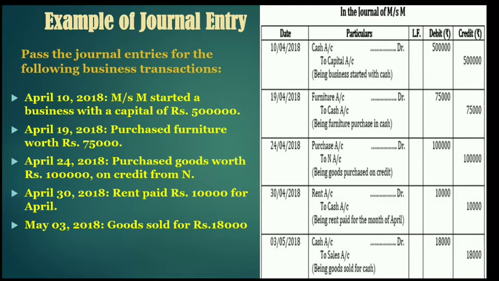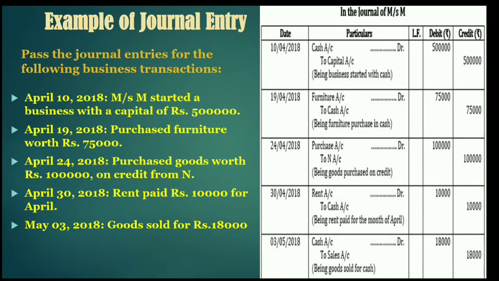Next, you are paying the rent. How much? 10,000. When you are paying the rent, that means you are paying in cash. So on 30th April 2018, the rent account is debited and to cash account is credited, because cash is going out.